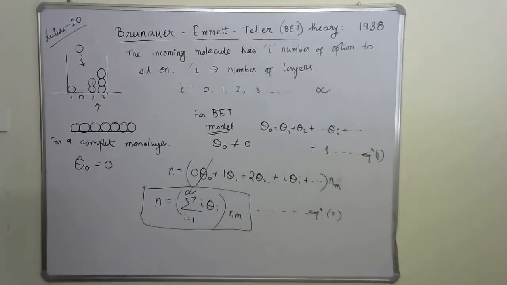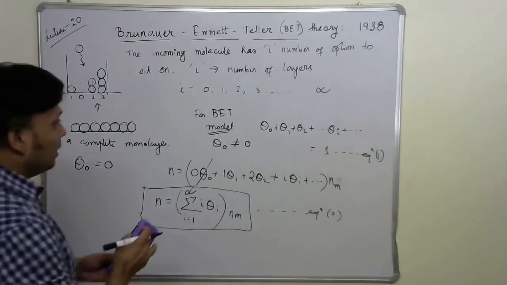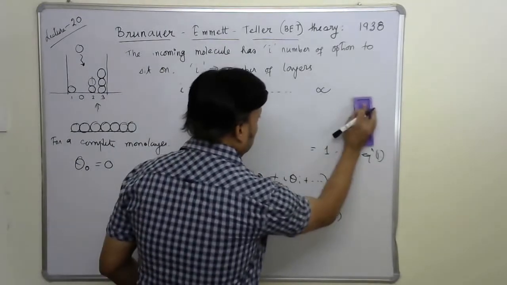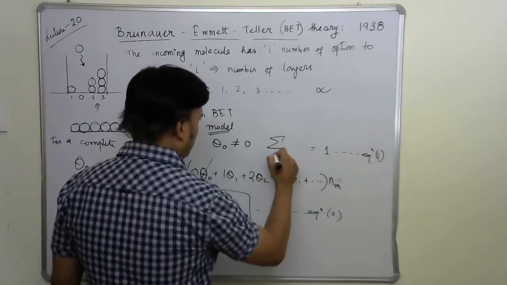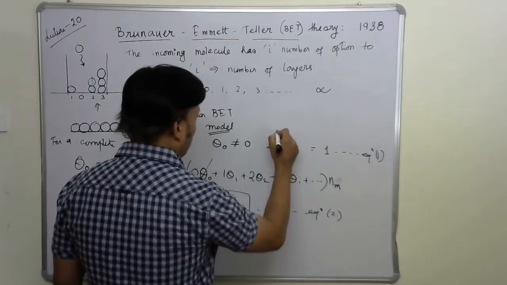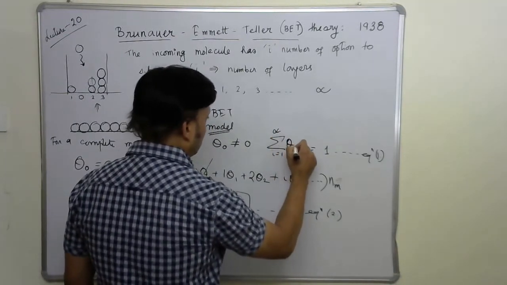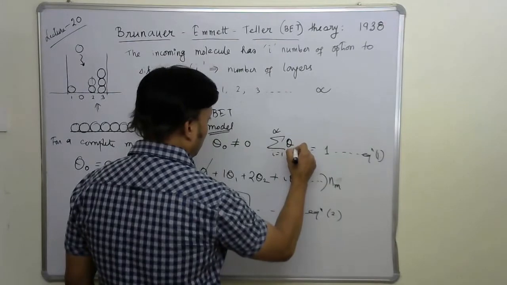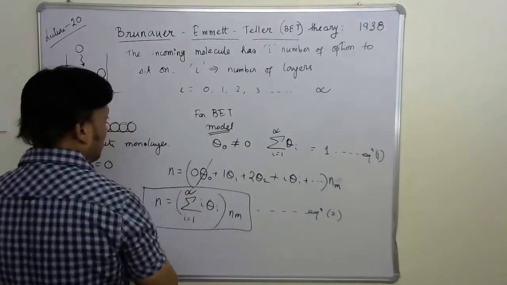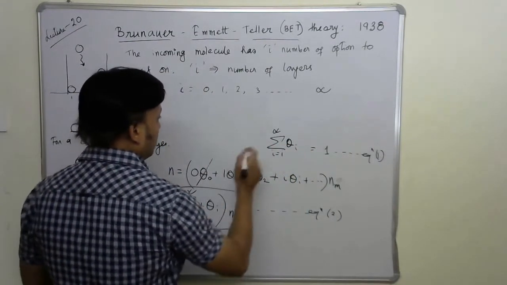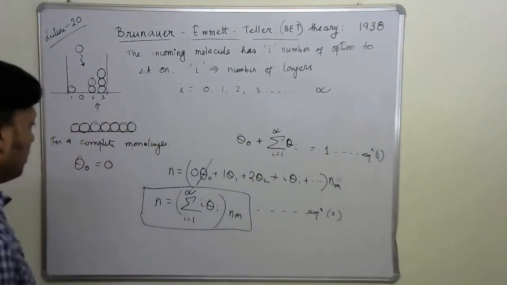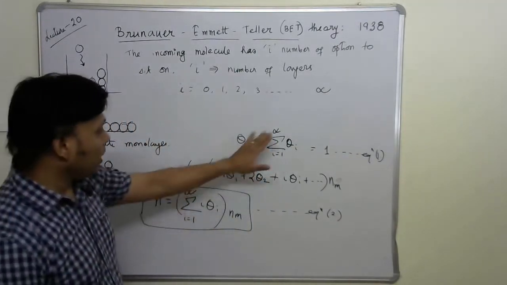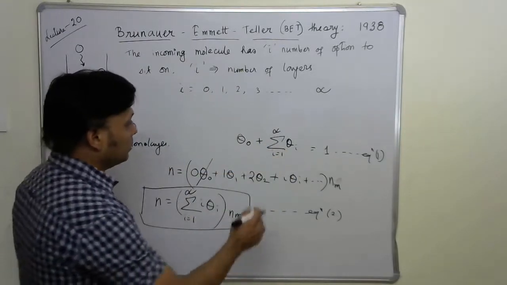What is most important is that this expression can also be written as theta 0 plus the sum from i equal to 1 to infinity of theta i is equal to 1.